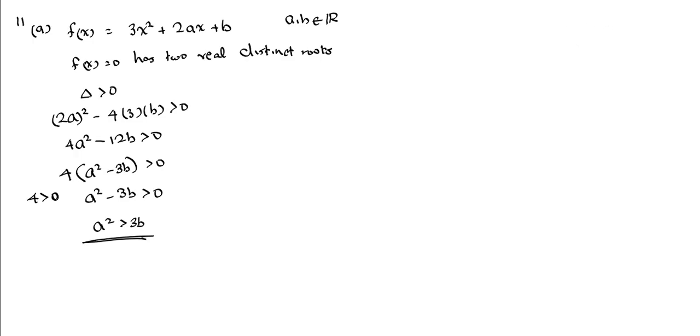Then the next part of the question, it is given, let alpha and beta be the roots of the equation f(x) equals 0. So you have 3x squared plus 2ax plus b equals 0 has two roots, alpha and beta. They are telling you to write down alpha plus beta in terms of a, and alpha beta in terms of b.